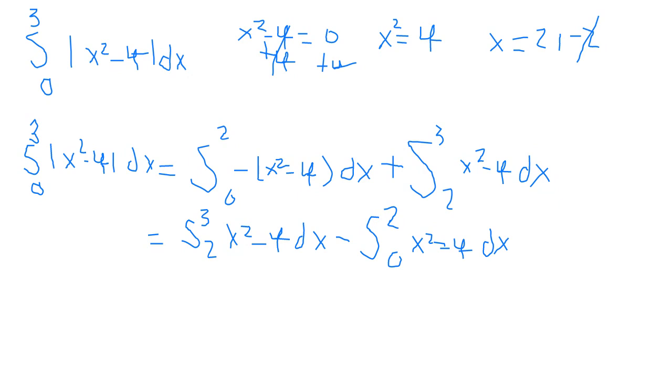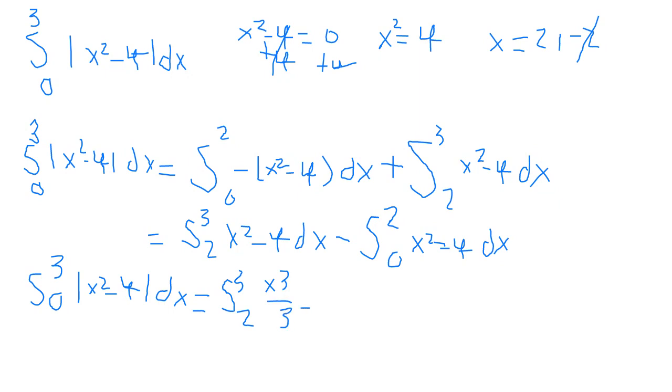And all we would do from here is take the antiderivative. So then we would have x cubed over 3 minus 4x, and we would evaluate at 3 and 2.